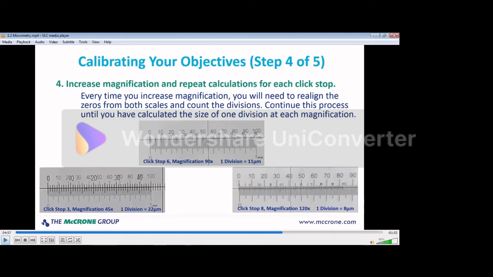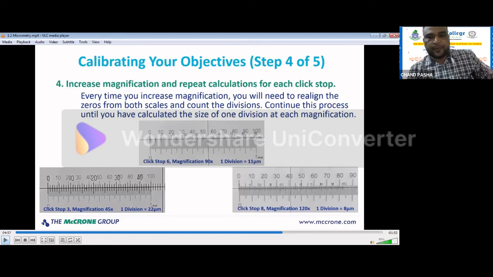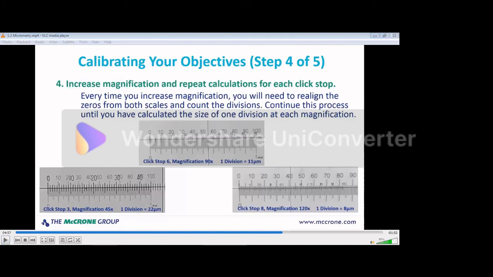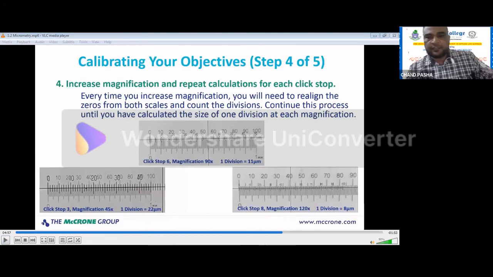So you calibrate for that combination of eyepiece and objective together, not for a single lens. After getting these calibration factors, here 22, 11, 8 microns, that is for one single division.